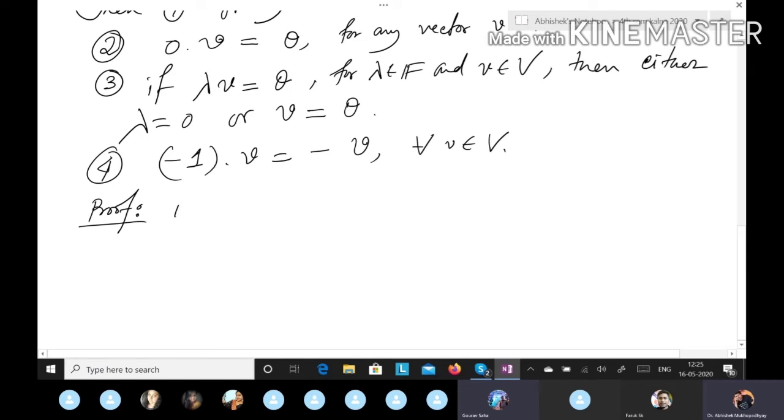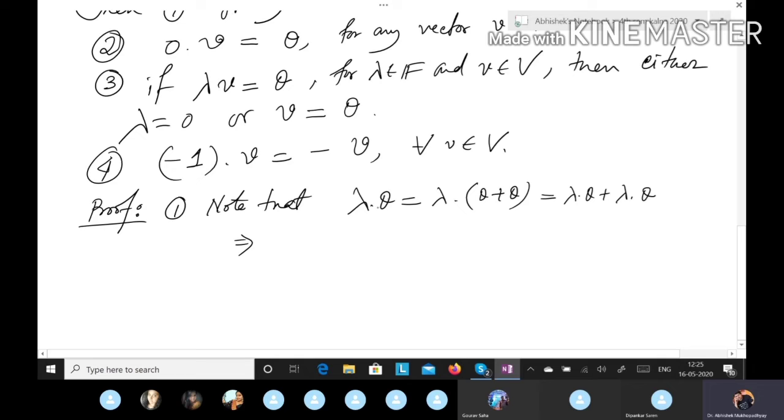So note that the first one is lambda theta. Lambda theta can be written as lambda theta plus theta. Then by the definition of vector spaces, with the help of the axiom, we will have it is lambda theta plus lambda theta.